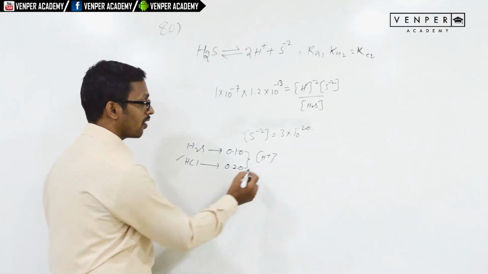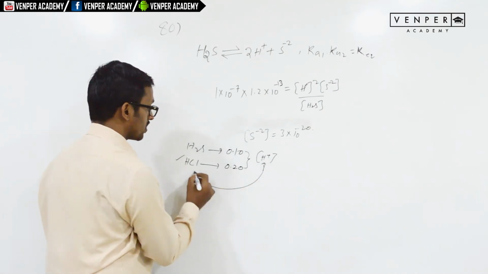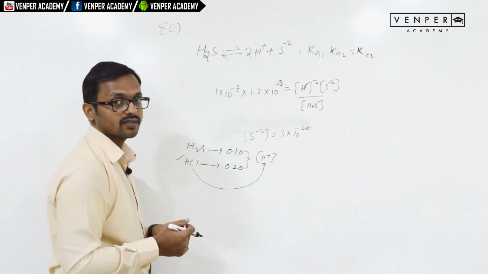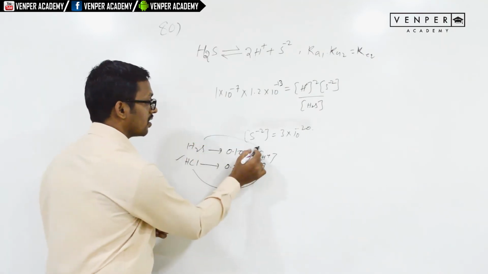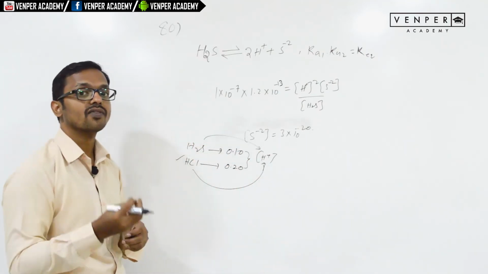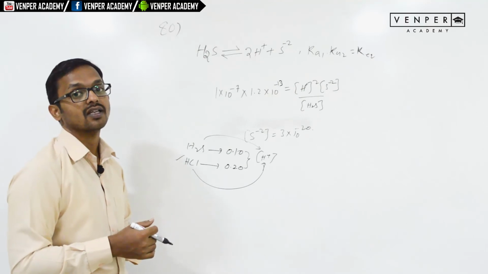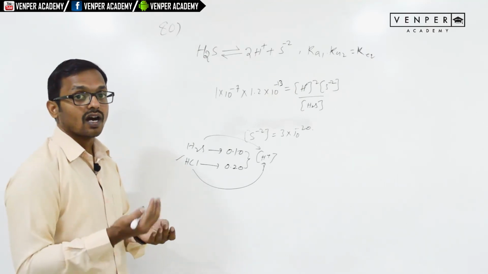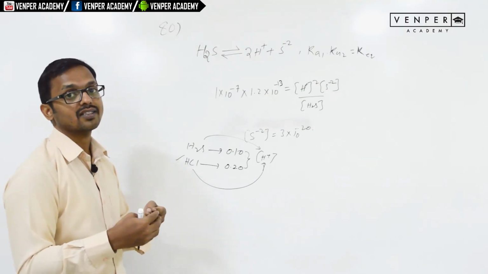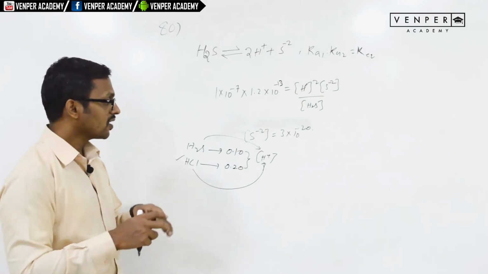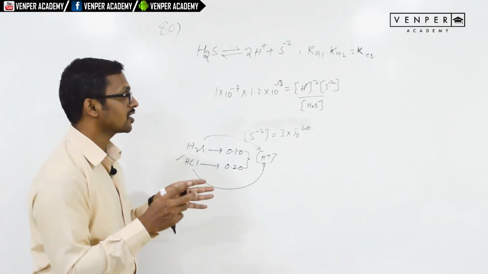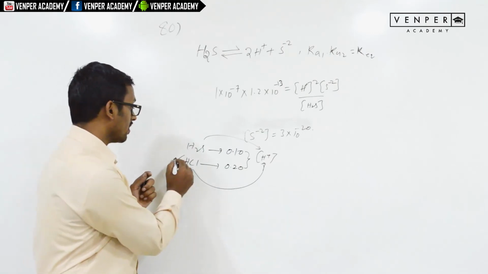In that case we have to consider the concentration of the strong electrolyte. The H2S is giving a very small amount of H plus ions, and its dissociation also decreases due to the common ion effect. So finally we are getting only the H plus concentration from HCl.